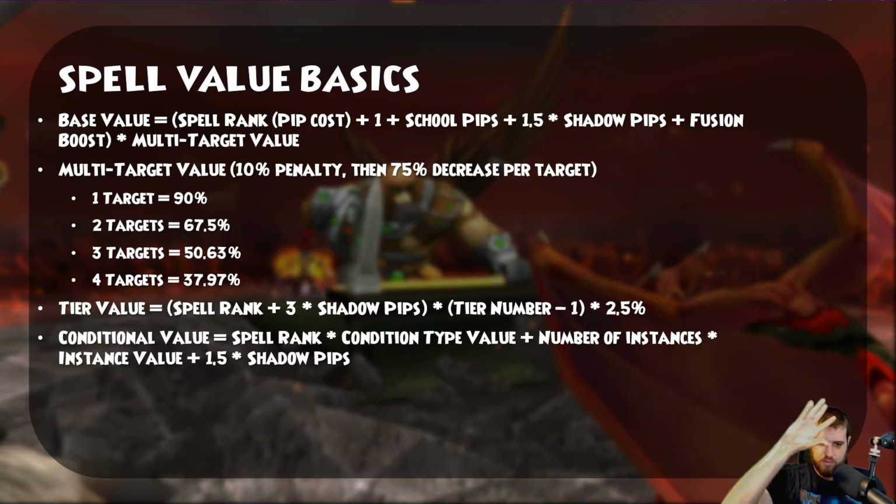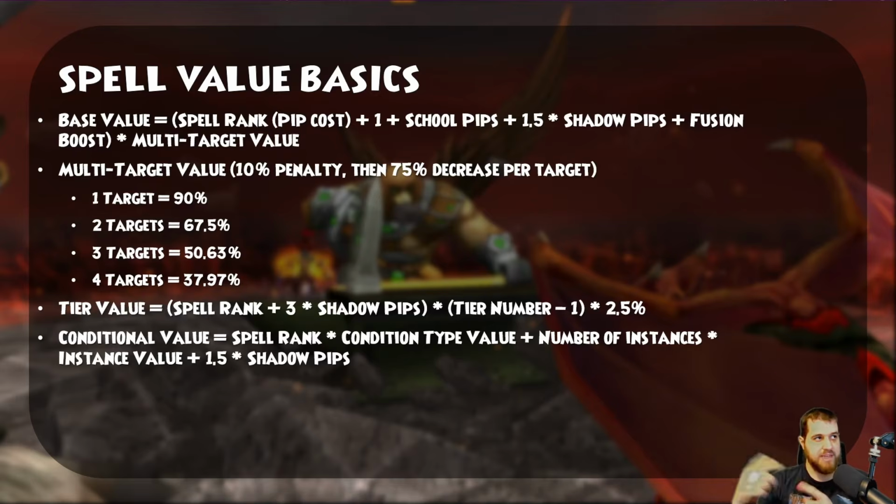And then once you have that, you add the number of instances times the instance value. We'll go over what the instance values are, but basically if you're clearing 8 shields versus clearing 1 shield, that should be a different value, right? So you get those extras. And this is where the remaining 1.5 times shadow pips comes in.